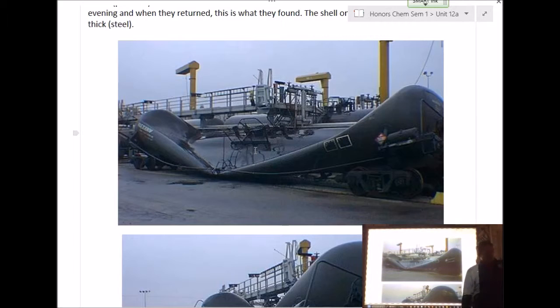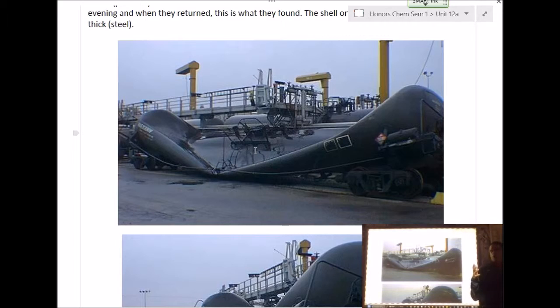And what happened was the cleaners went in, steam cleaned the inside of it, and as they were cleaning it, they somehow closed the pressure valves to not allow for the air to go in and out, or the change of pressure. So when they finished up steam cleaning the inside of it, obviously it was pretty warm on the inside. They closed up the hatch, sealed everything up, went home for the night, came back, and this is what they saw.